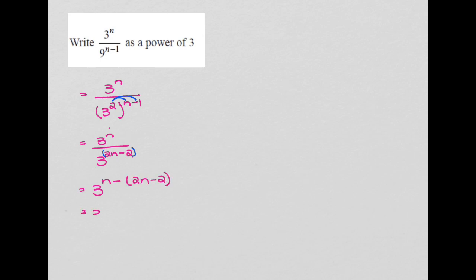So it ends up becoming 3 to the power of n minus 2n plus 2. And it's because of that negative. See, this negative is going to go to 2n, and that negative is going to go to the negative 2 and make positive 2. Right, so my answer is 3 to the power of n take away 2n is minus n plus 2. And that's my final answer.